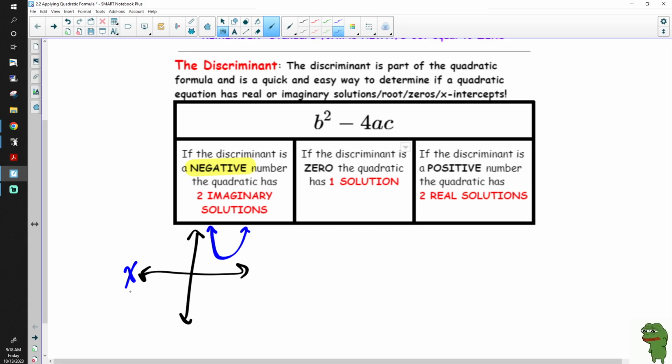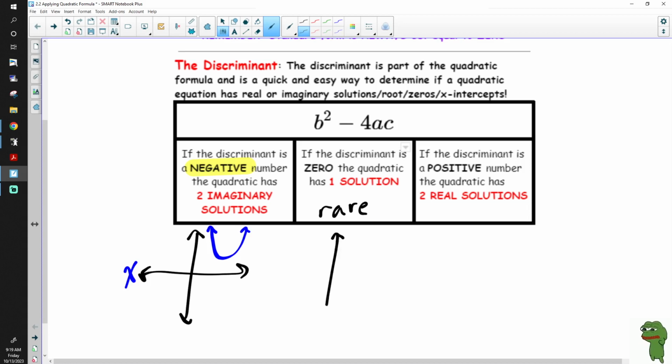The second thing that can happen is, this is rare, but sometimes the discriminant is equal to 0. It doesn't always happen that often, but when it does, if your discriminant equals exactly 0, then that means you only have 1 solution.